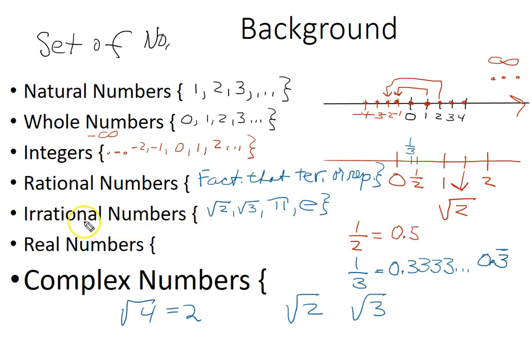So that would be the set of irrational numbers. Now, all of these numbers that we've talked about so far are on the number line. So they make up this set of real numbers. And this is all the numbers on the number line.